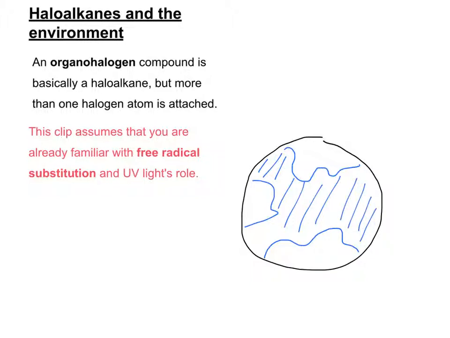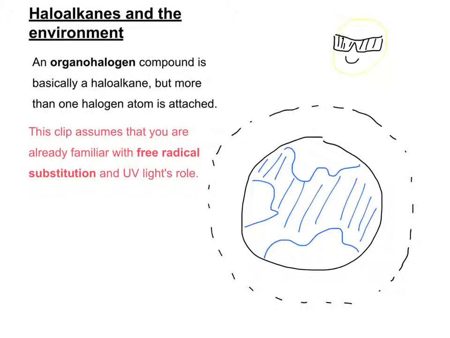So we've got our atmosphere around the Earth, and we've got the Sun here. And let's give him a pair of shades. So the Sun's beaming ultraviolet light in all directions.